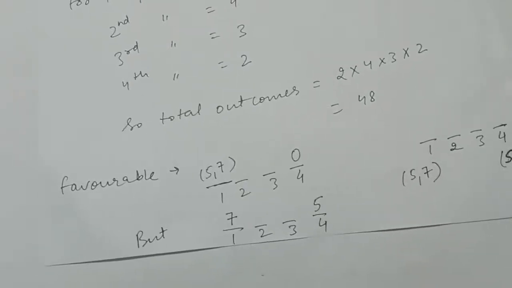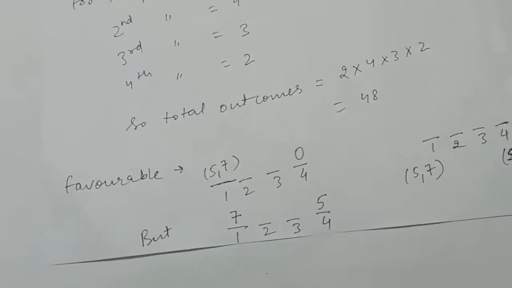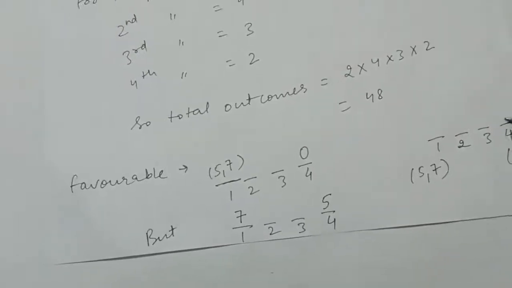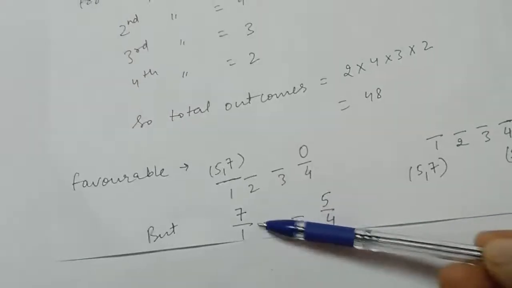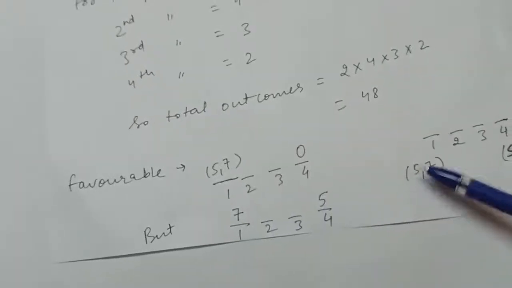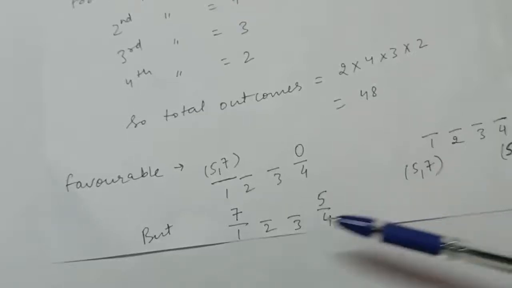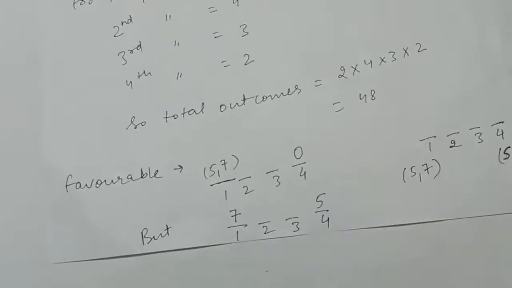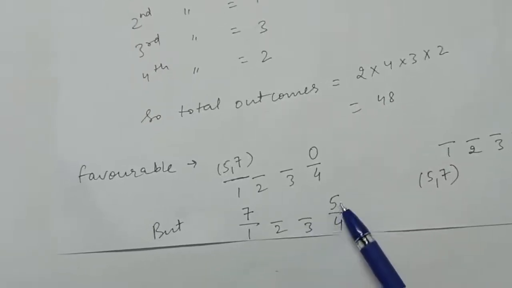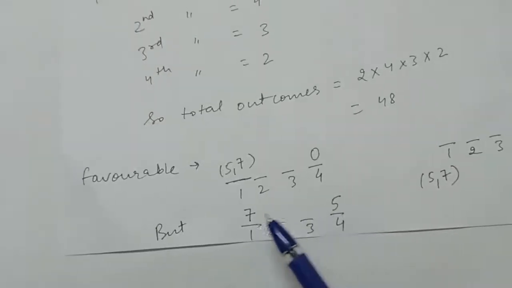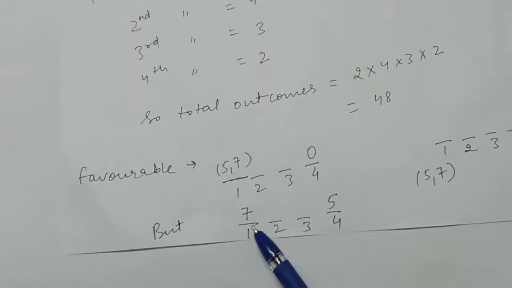But because digits cannot repeat, if I select 5 at the fourth place, then for the first place 5 cannot come because digits can't repeat. So at the first place only 7 can come, right?